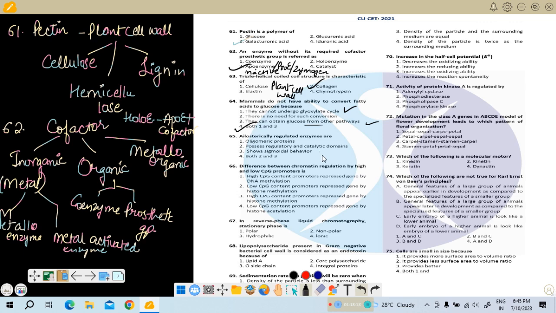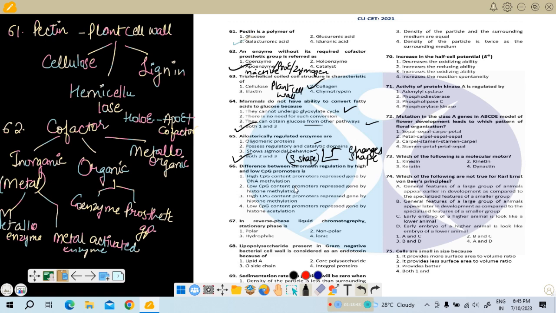Sigmoidal behavior means like this, S shaped. This is sigmoidal curve, S shape. So in an allosterically regulated enzyme, it changes its shape. Possessed domains show sigmoidal behavior, both 2 and 3.